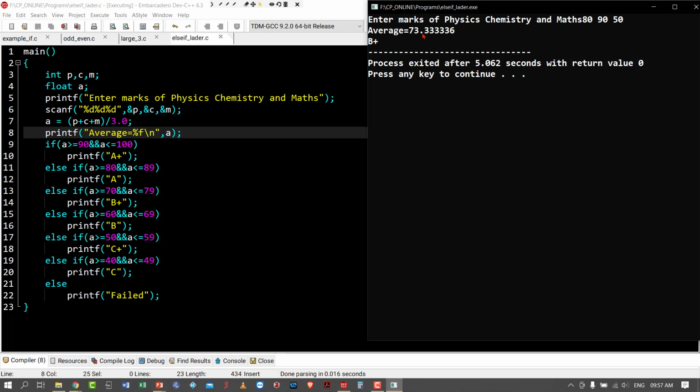The average is 73.3 and the grade is B plus because it falls between 70 and 79.